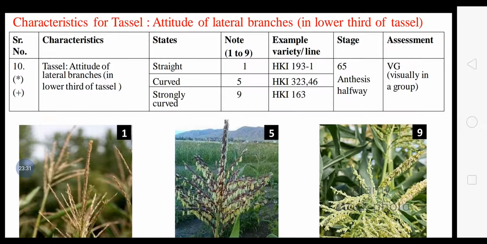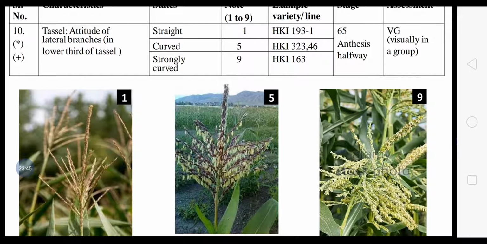The 10th character is attitude of lateral branches in lower third of tassel. It is scored as straight, curved, strongly curved. In the picture you can see straight. The first photograph shows straight tassel, second is somewhat curved tassel, and third is strongly curved.